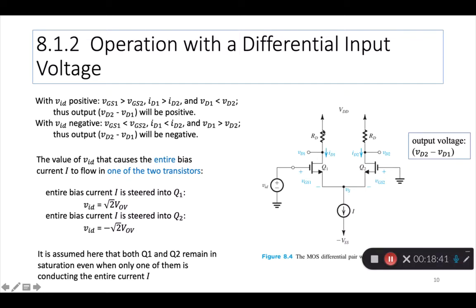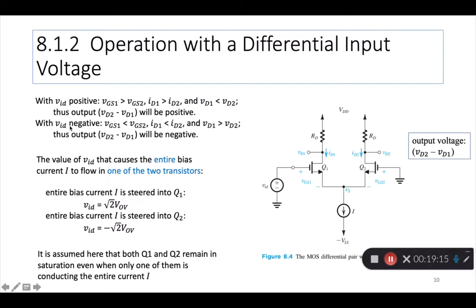And because the drain current is higher here, this voltage, which is the difference between VDD and the drop across the resistor, the more the current, the less will be the voltage at this point. So what you get is VD1 will be less than VD2, and thus the output is VD2 minus VD1. See, we define the output voltage as the difference between the voltage at this terminal and this terminal, VD2 minus VD1. So what you need to remember is, with VID positive, the output voltage will be positive.